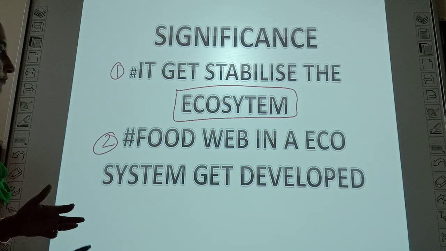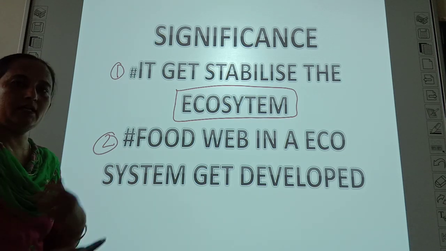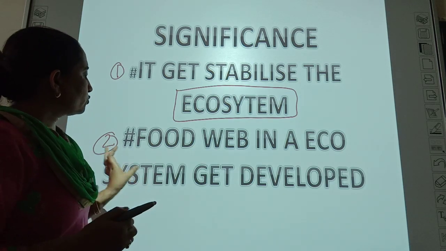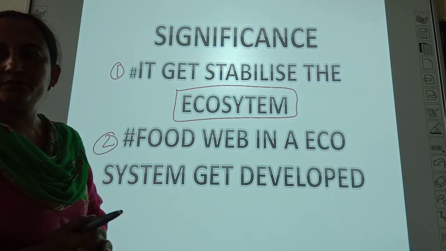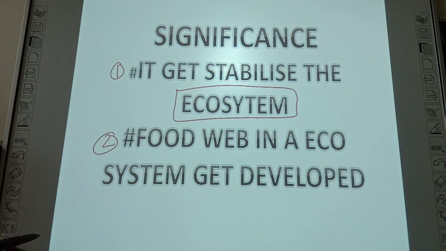Many food webs are developed and these food webs depend upon the taste of the organism and the age of the organism. So many food webs are found here.